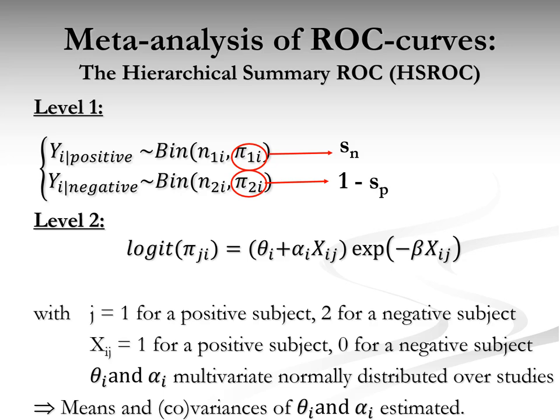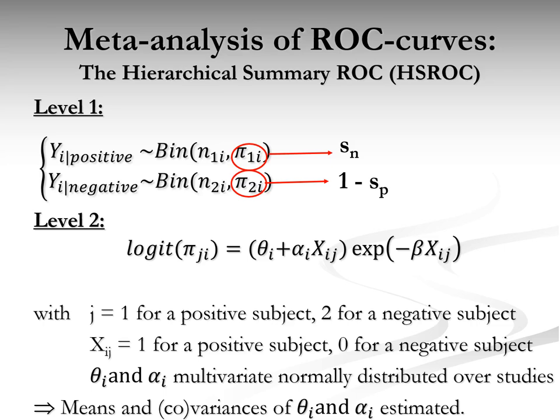The j in the equation of level 2 refers to positive subjects or negative subjects, and the x_ij is equal to 1 for positive subjects and 0 for negative subjects. The parameters that are estimated in our meta-analysis are the means of the theta_i's and the alpha_i's, as well as the variances and the covariances across studies of these two parameters.